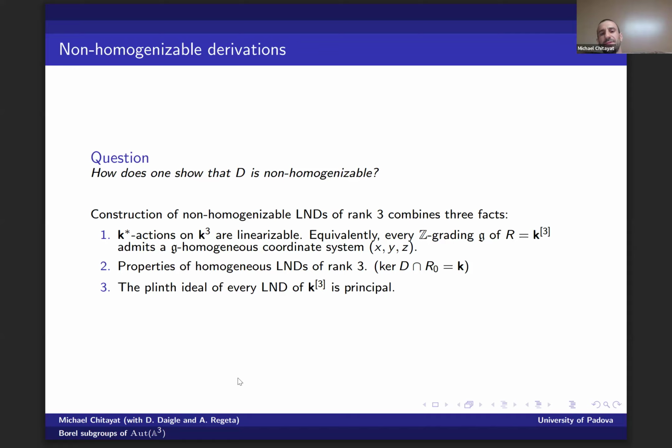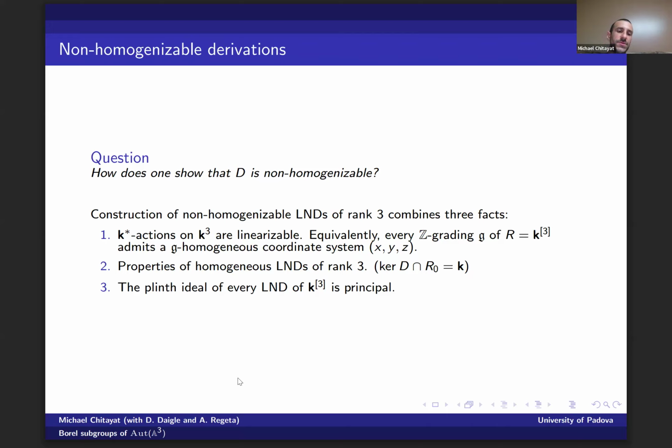And in algebraic terms, this is saying that every Z grading of a polynomial ring in 3 variables admits a homogeneous coordinate system. Then we use a result that's specific to homogeneous LNDs of rank 3. And it turns out that if you have a homogeneous LND of rank 3, then when you take the intersection of the kernel with the degree 0 subring, you always just get the base field.